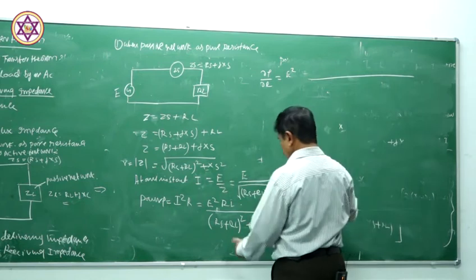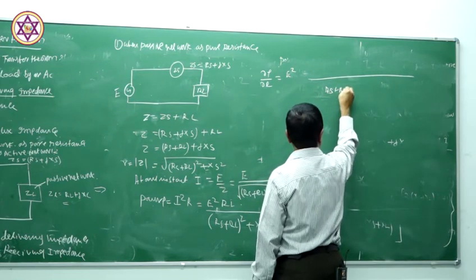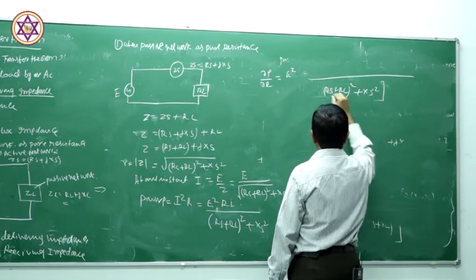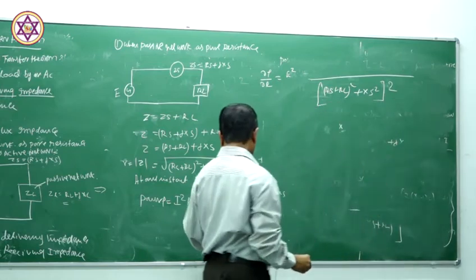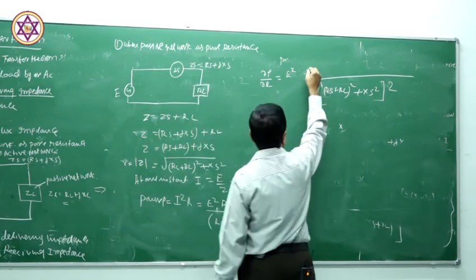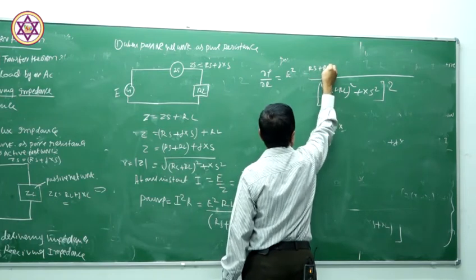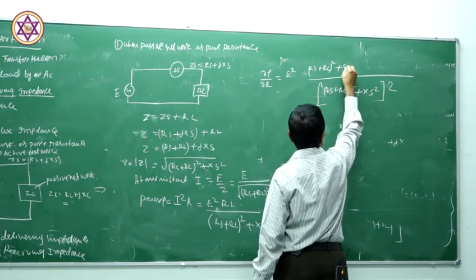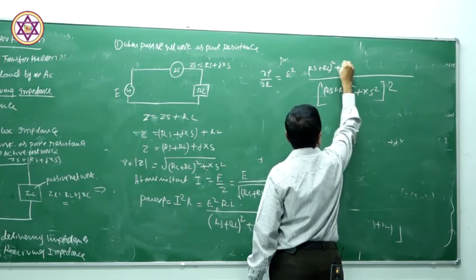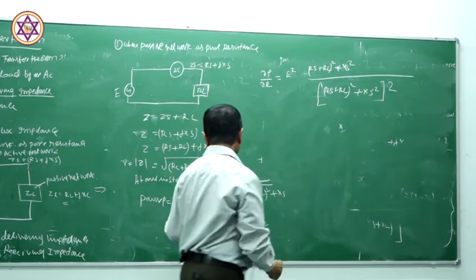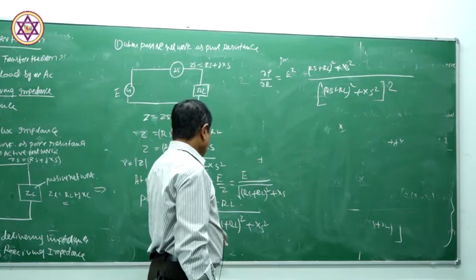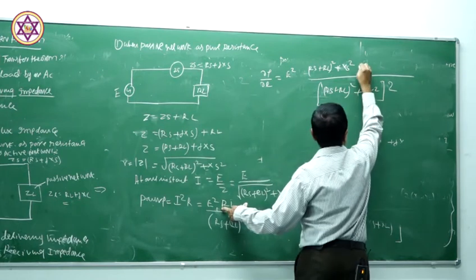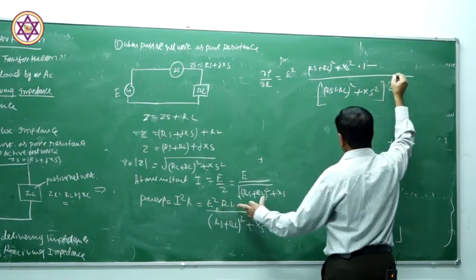The denominator square is (RS plus RL) the whole square plus XS the whole square, and the denominator square into the derivative of the numerator is 1, then again I have to write RL.